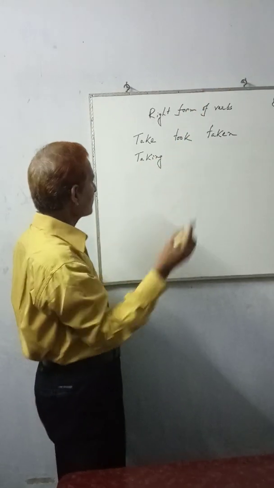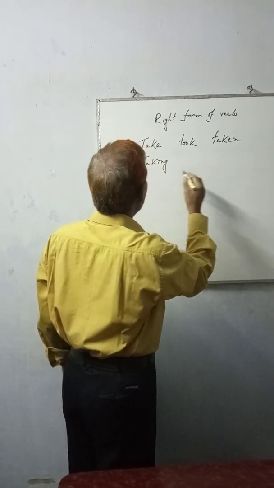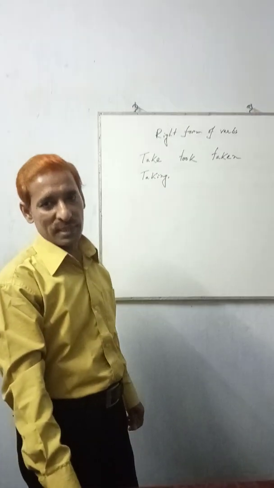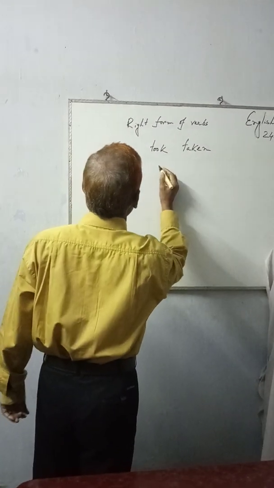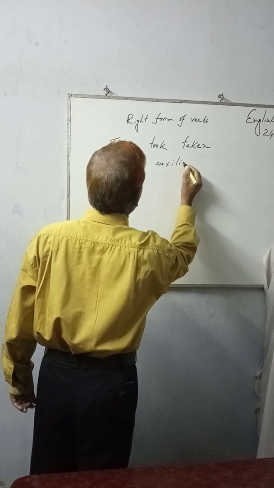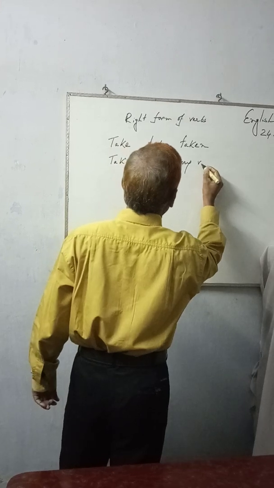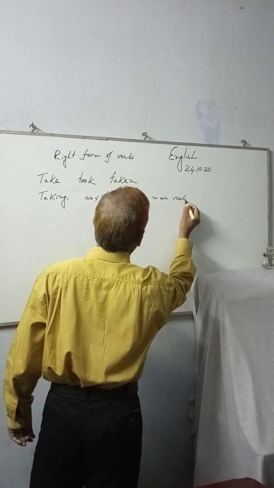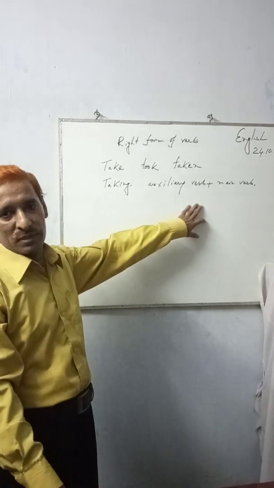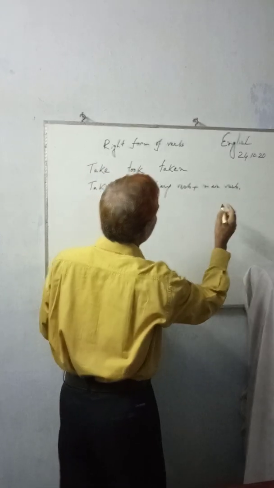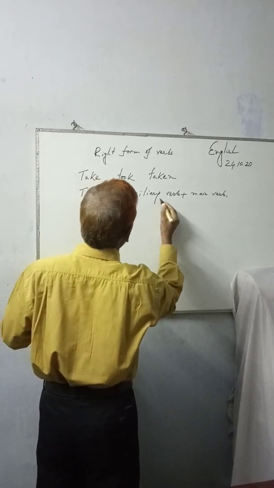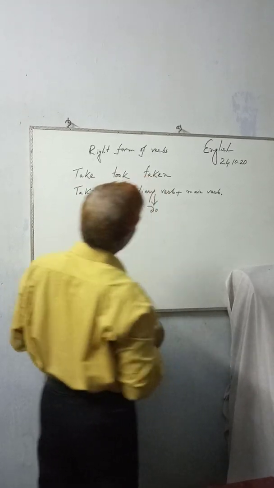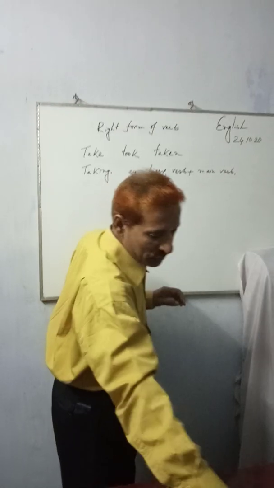Taking, auxiliary verb plus main verb. Auxiliary verb plus main verb, as for example, auxiliary verb do, not do.